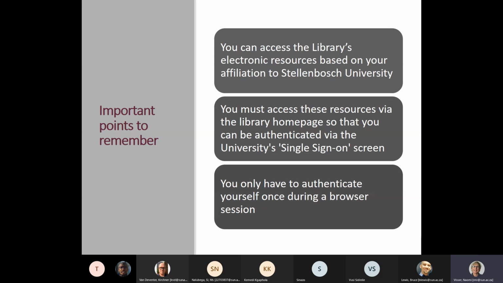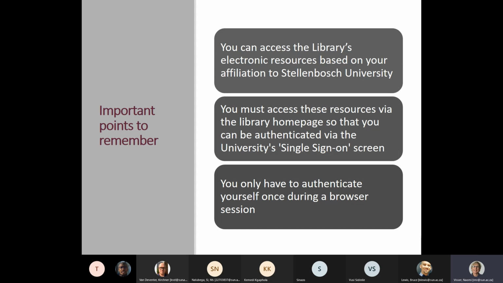Okay, so as far as the important points that you need to remember if you wish to access the library's resources, and this is not only on off-campus but also on campus, you need to know that the library subscribes to many electronic resources by many different publishers.